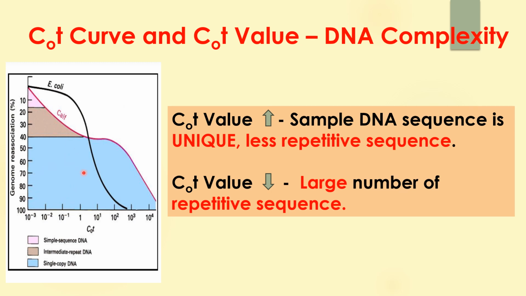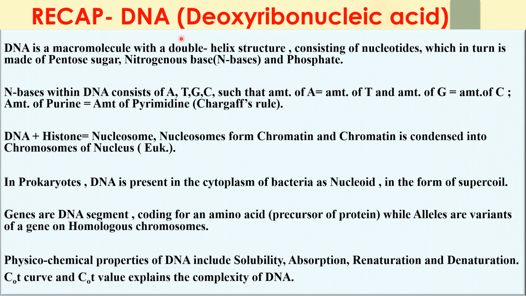As the single copy, that is the unique DNA, is more, the COT value is more for calf DNA. COT value more in case of unique DNA, COT value less in case of repetitive sequence. So remember this.